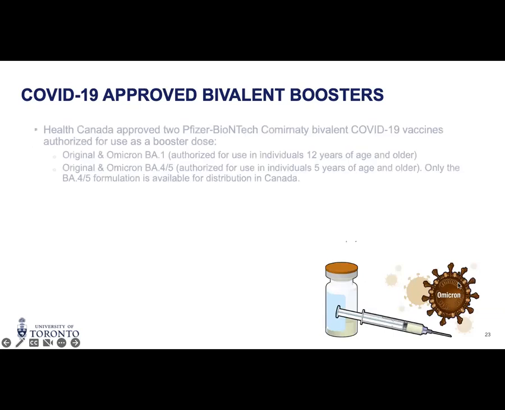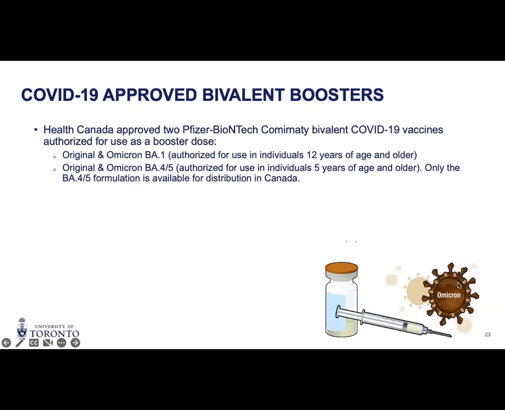Health Canada approved two Pfizer-BioNTech Comirnaty bivalent COVID-19 vaccines authorized for use as a booster dose. They have authorized original and Omicron BA.1, which is authorized for use in individuals 12 years of age and older, and also original and Omicron BA.4/5, which is authorized for use in individuals 5 years of age and older.